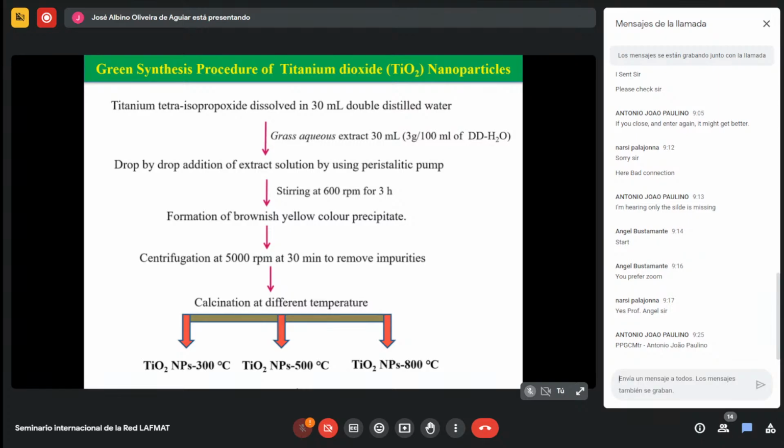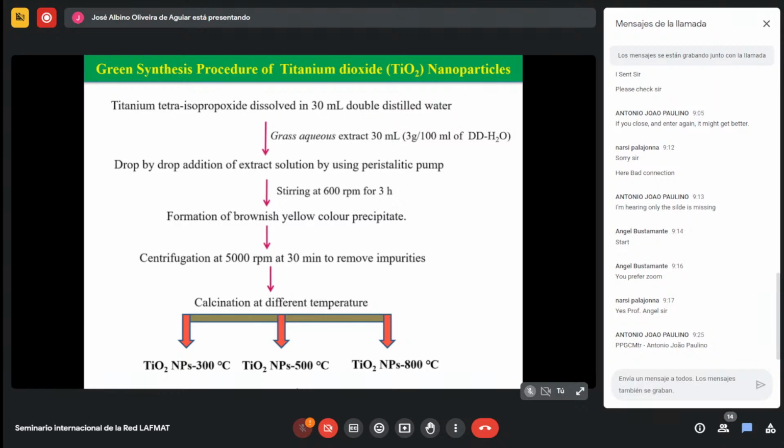Then we make it into a fine powder. That powder is calcinated at different temperatures: 200, 300, 500 and 800 degrees. Then we collect the material and store the fine powder.